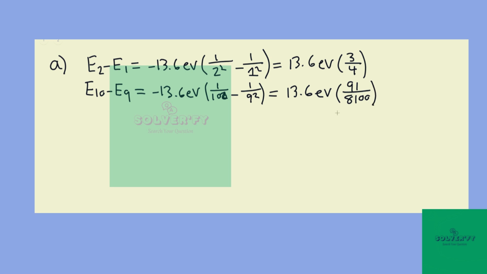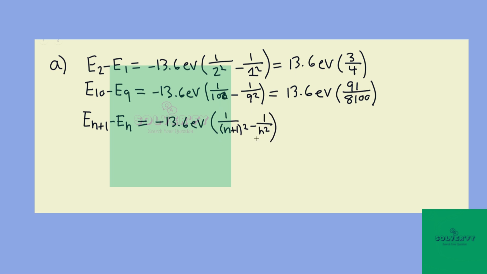Okay, we can plug that into our calculator and get numerical results. But that's not really what's important about this part of the problem. What's really important is, for arbitrary n, can we reduce it down to the simplified expression? So in this case, we have negative 13.6 eV times 1 over n plus 1 squared minus 1 over n squared.